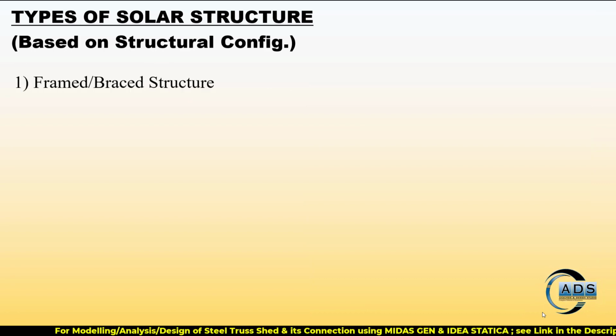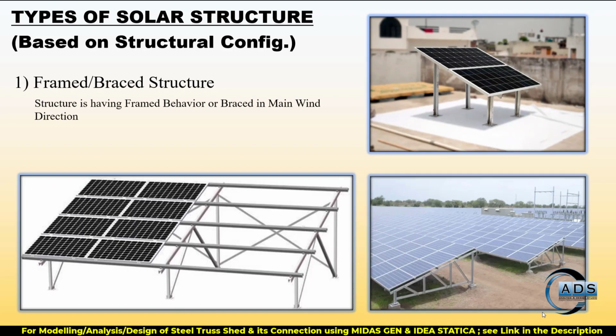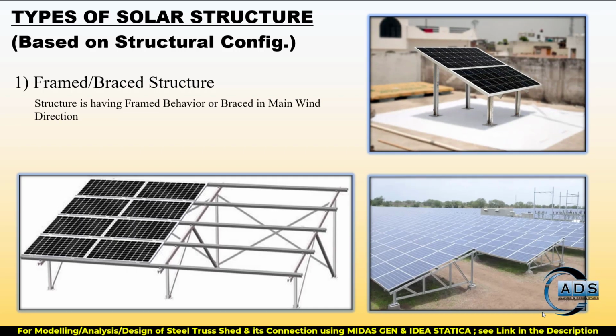The first type is the framed or braced structure. So look at these pictures. The structure has framed behavior or is braced in the main wind direction. So what does it mean? The main wind direction is this one or this one.